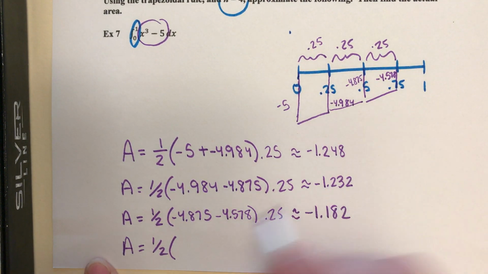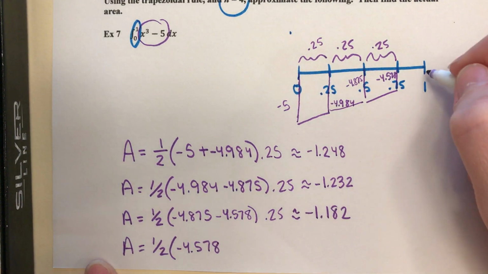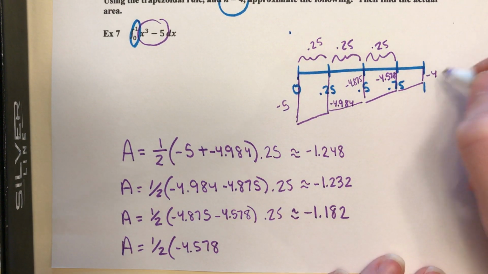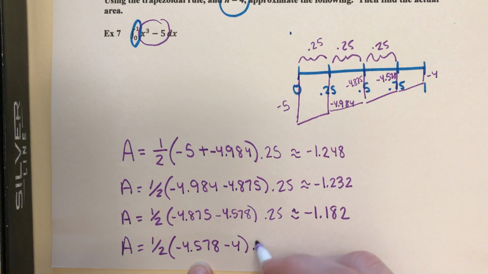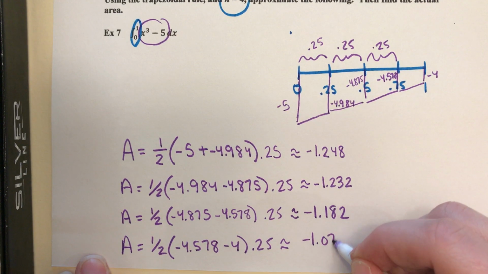And then my final area, my fourth trapezoid, we've got 1/2. My base on the one side is -4.578. And then my other one, I need the base at 1. So if I plug 1 in, that gives me -4. So I'm going to plug that in my calculator. And that gives me -1.072.